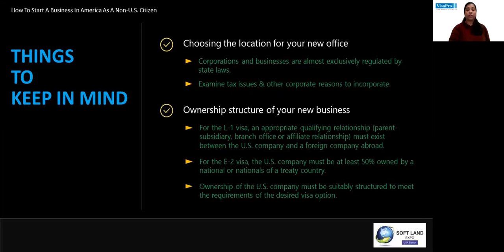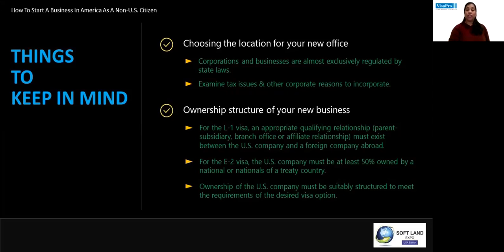The ownership structure of your new company can be a critical factor in choosing the correct visa options for you or for your employees down the line. In the case of an L1 visa, for example, an appropriate qualifying relationship, that means a parent subsidiary, a branch office, or affiliate relationship, must exist between the US company and a foreign company abroad.